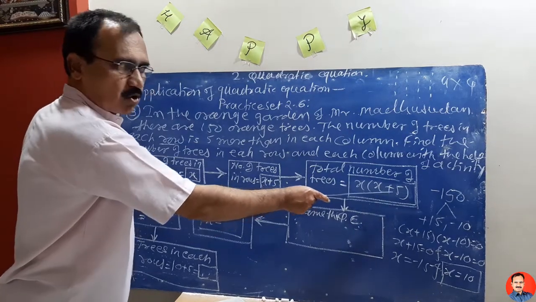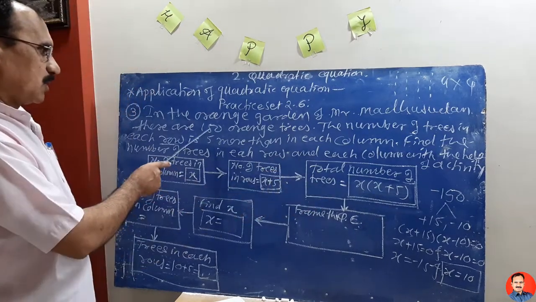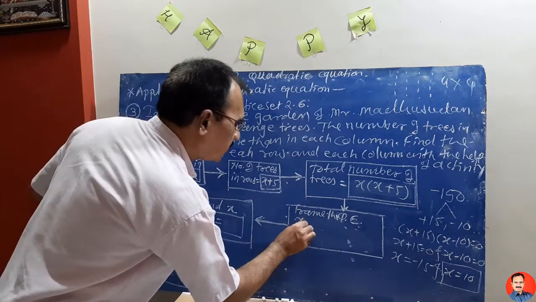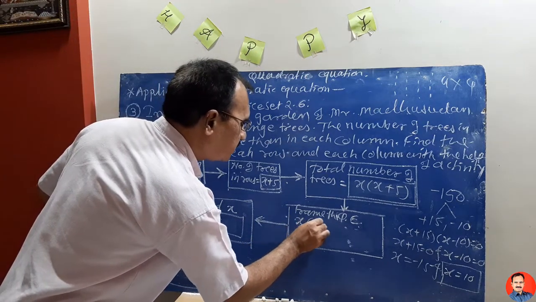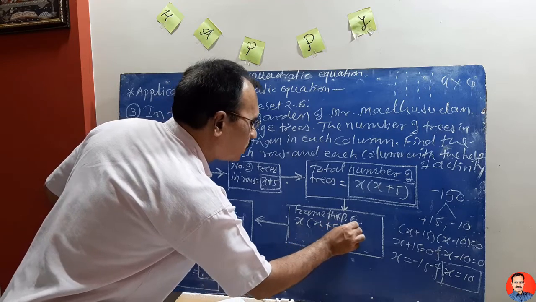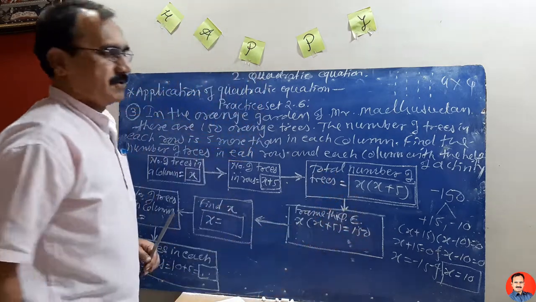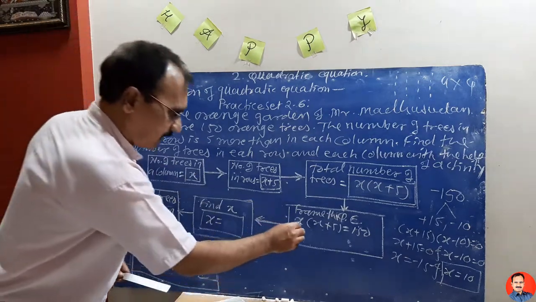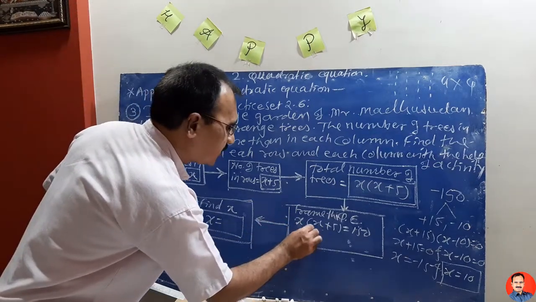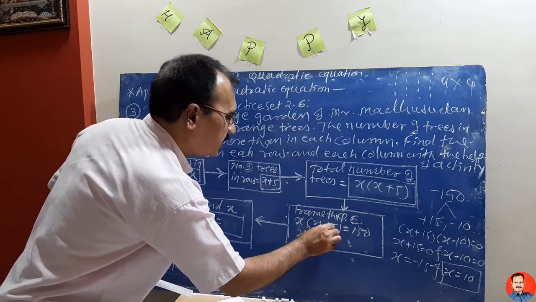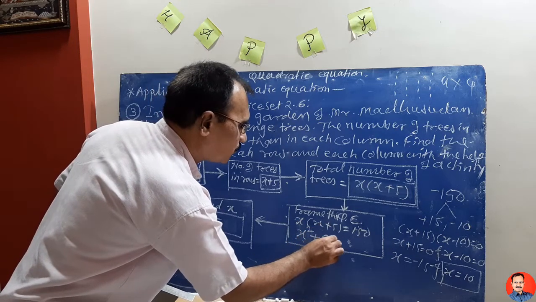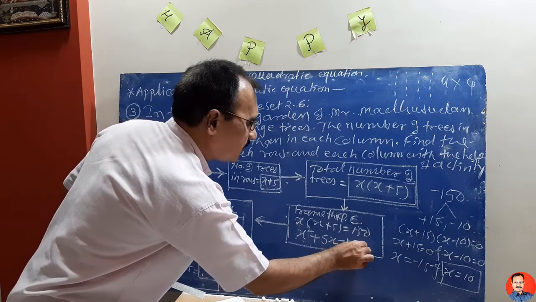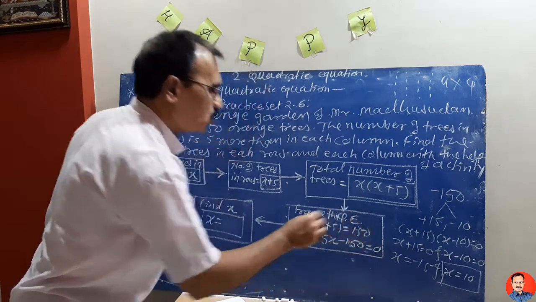These are the total number of trees, and the total number of trees, 150, is already given here. That means x(x + 5) = 150. Frame the quadratic equation. x into x is x², x into 5 is 5x, take 150 to this side, it is minus 150 is equal to 0.